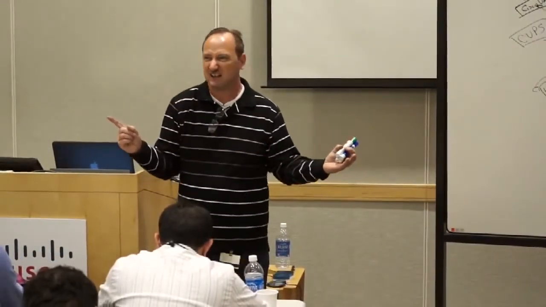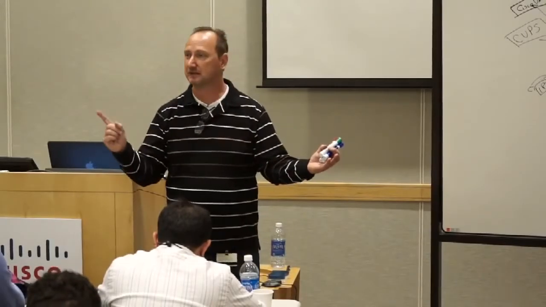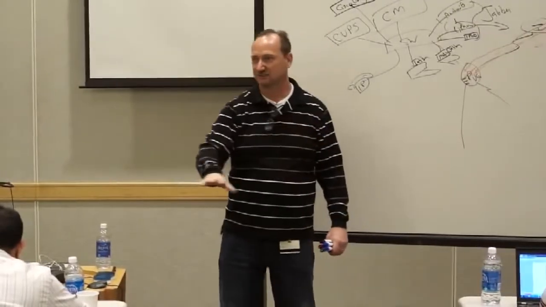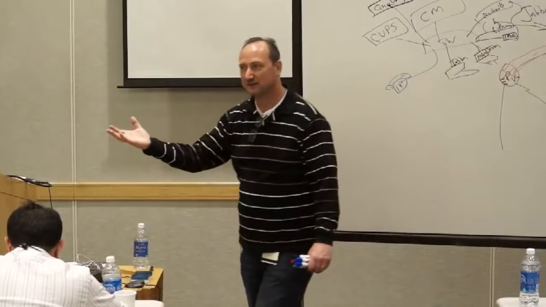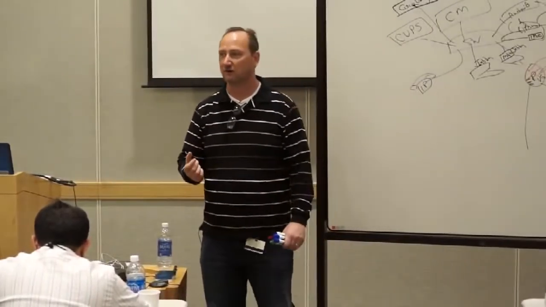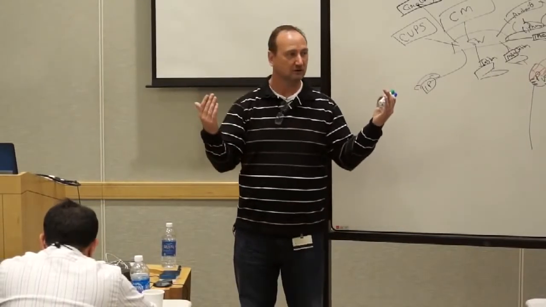SIP SIMPLE is not efficient. I'll just say that. This company called Jabber created a separate protocol that was much more slick, much easier to use, and required a thinner client. The client didn't have to do as much work. It was easier to use on a network. So it was a company and it was a protocol.